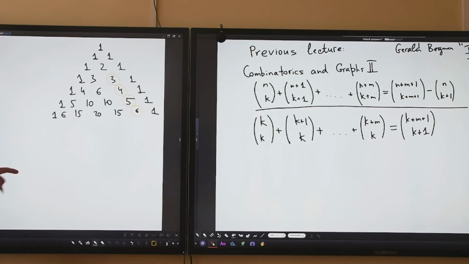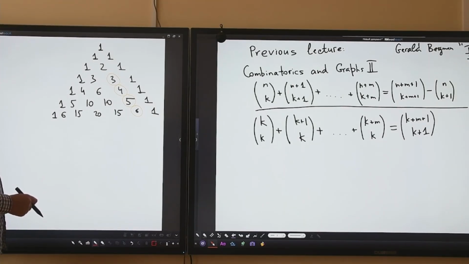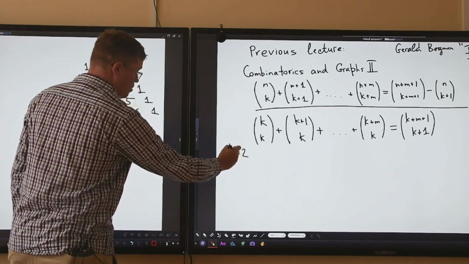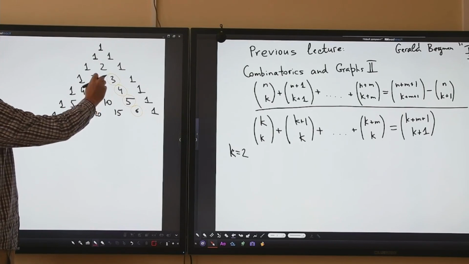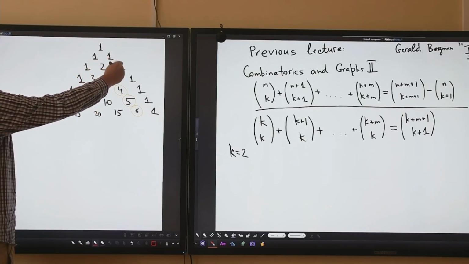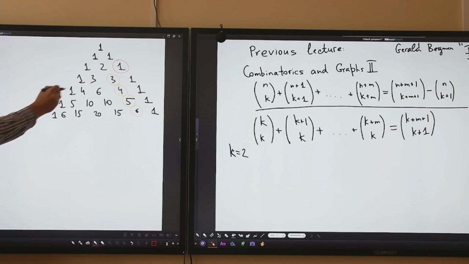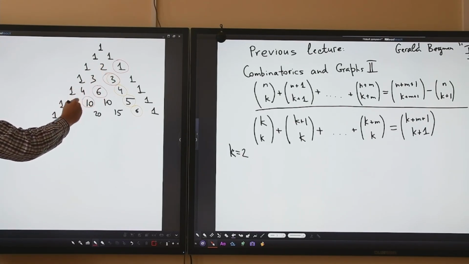And for the second one, for example, I take k equal to 2. Then 2 choose 2 is here, then I go to 3 choose 2, 4 choose 2, 5 choose 2, and so on. So I take the symmetrical diagonal from the start.